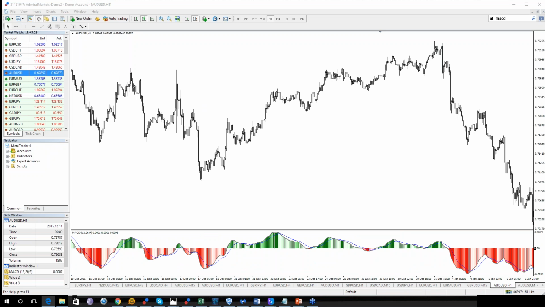Let's try to find reverse divergence now. It might be a little bit hard task because we need to watch for double tops, bottoms. But here we can try to spot it indeed. Tops, bottoms.